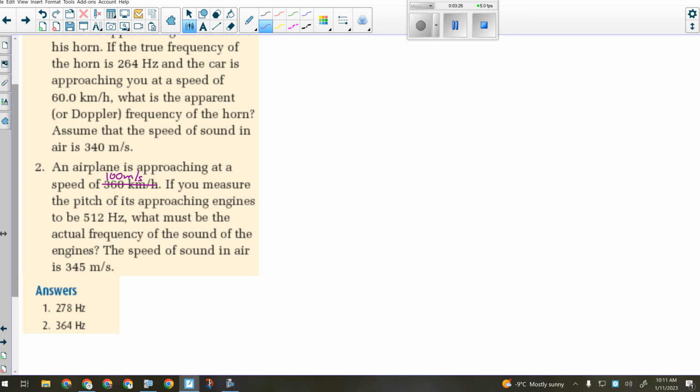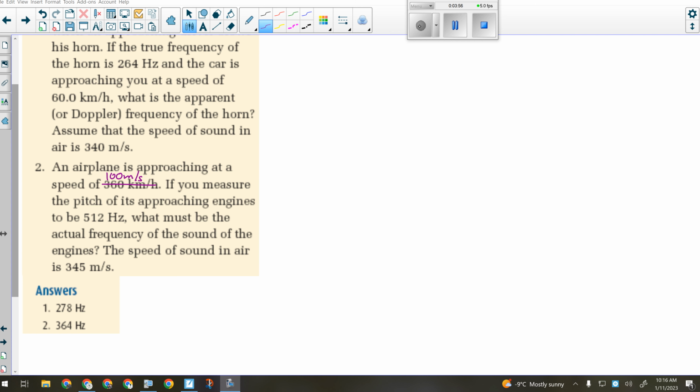We measure the pitch of its approaching engines to be 512 hertz. What must be the actual frequency of the sound of the engines? All good? Okay, perfect. I'll give you a few minutes on that one, and then we'll go through it together.